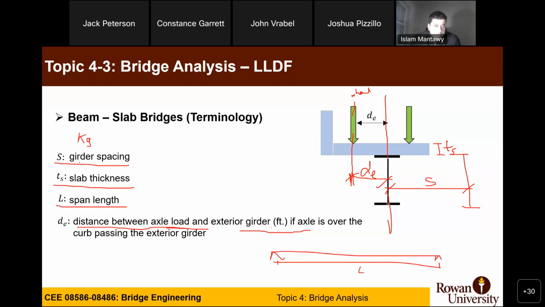The girder spacing S in feet, which in the previous example was 9 or 10 based on the problem we solved. The thickness of the bridge deck is this distance in inches. And the span length, which is L in feet. And the de value is the distance between the first wheel and the center of the exterior girder.